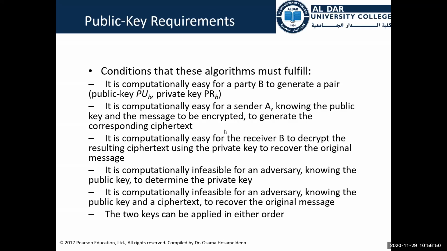Also, it is computationally easy for a sender knowing the public key and the message to be encrypted to generate the corresponding ciphertext. So if sender A has the public key of B and takes this public key together with the message, he is able to generate the ciphertext.